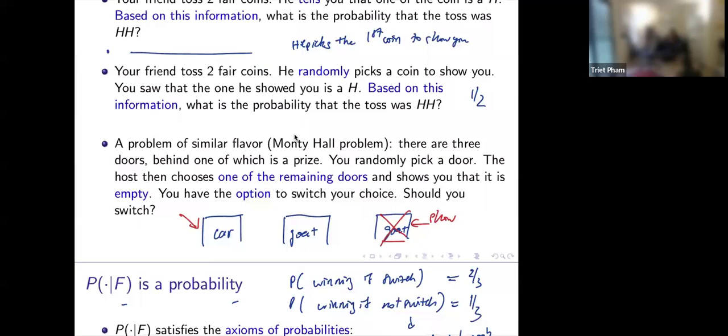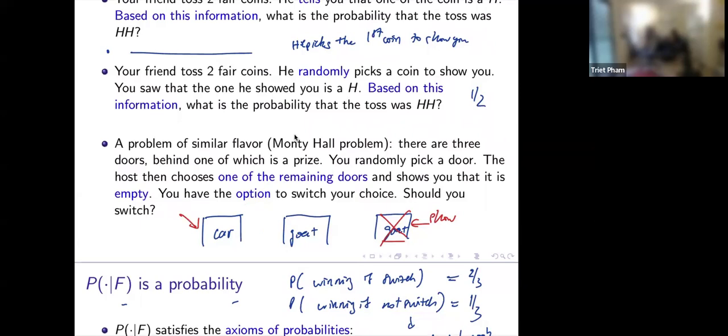Is it beneficial? Of course, there's a line of argument that says, well, after you do that, it reduces down to 1/2, so it doesn't matter if you switch or not. The chance will be the same. I'm just saying this to give you the sense that this problem, at least, is not that trivial.